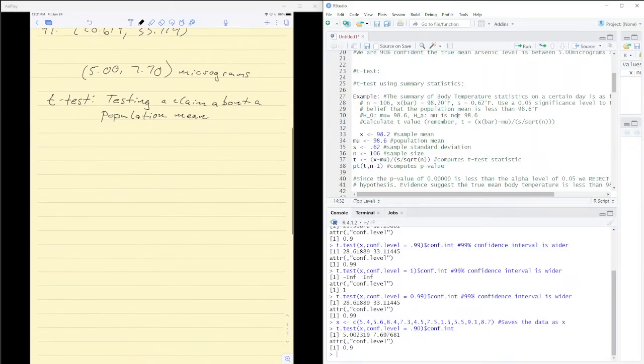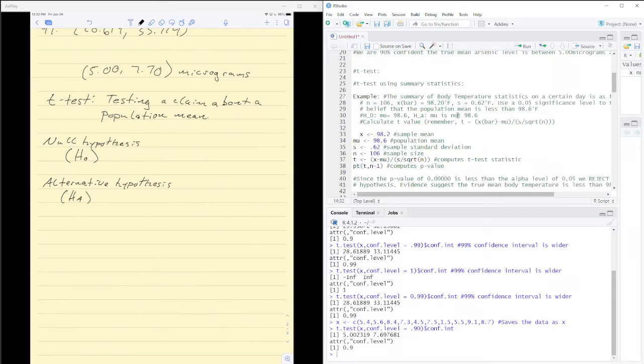So we make two hypotheses whenever we do a test. One is called a null hypothesis, and is denoted H0. And then you have an alternative hypothesis, which is typically denoted as HA.